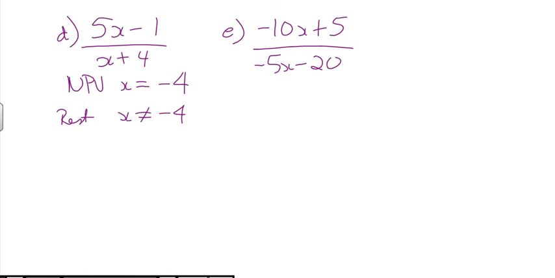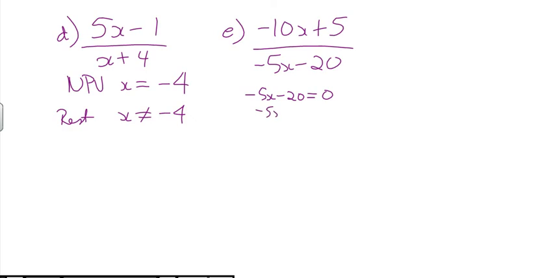Okay. So some you can do just by looking. So you look at this, you say, yeah, negative 4. X cannot be negative 4. This one? Negative 4 again? Yeah. Okay. Now that's a little more complicated one, so you might want to write this down. You might say, oh, negative 5. So I'm going to go negative 5x minus 20 equals 0. So I figure out my non-permissible value: set the denominator to 0 and solve for x.